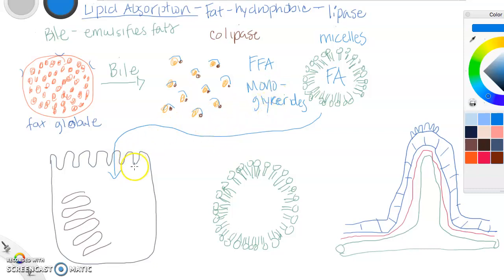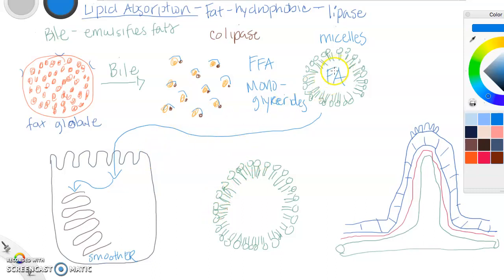So it goes into the enterocyte, which is the small intestine cell, and when it gets in there, it goes into the smooth endoplasmic reticulum, the smooth ER. If you remember, the smooth endoplasmic reticulum is an organelle that processes fats, makes fats, cholesterol, and things like that.